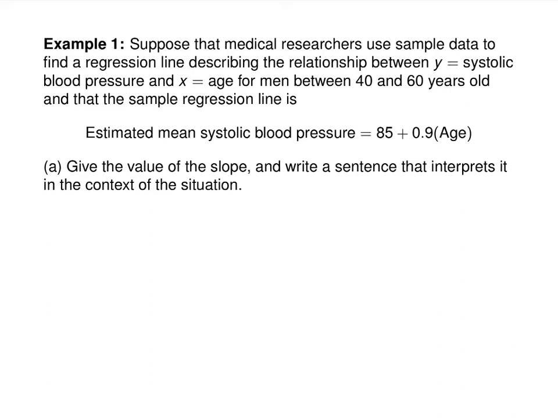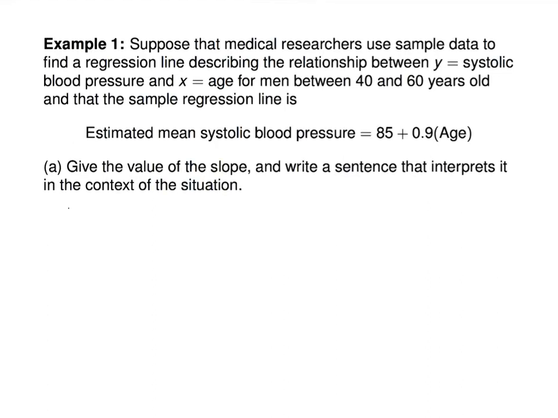So quick review. Suppose that medical researchers use sample data to find a regression line describing the relationship between systolic blood pressure and age for men between the ages of 40 and 60. And the simple regression line is given by estimated mean blood pressure is 85 plus 0.9 times age.